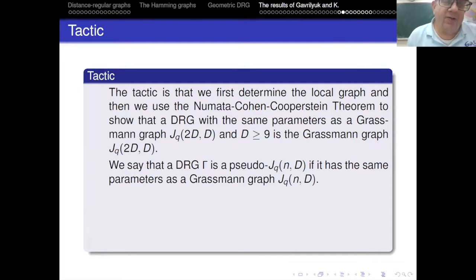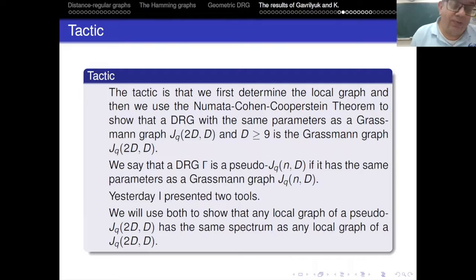We say that a distance-regular graph is a pseudo KQND if it has the same parameters as a Grassmann graph KQND. So, for example, a twisted Grassmann graph is a pseudo KQ2D plus 1, D.